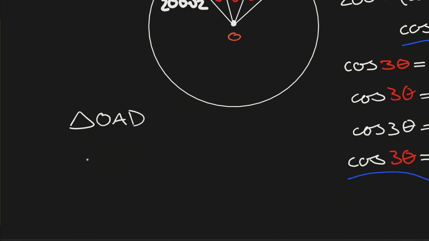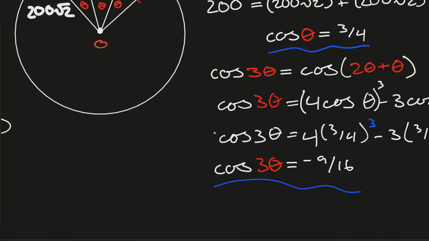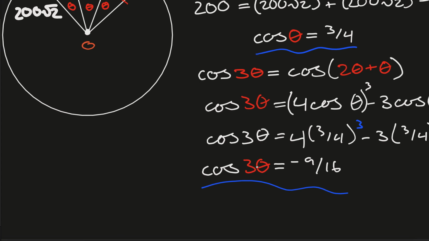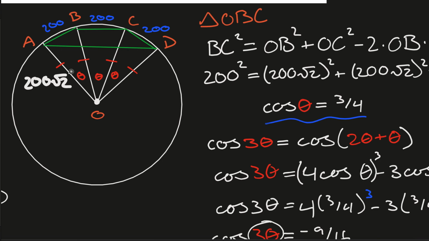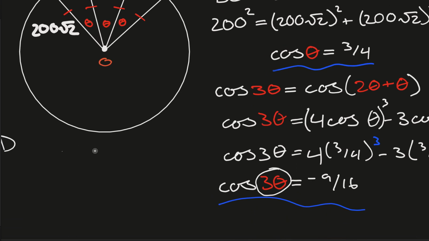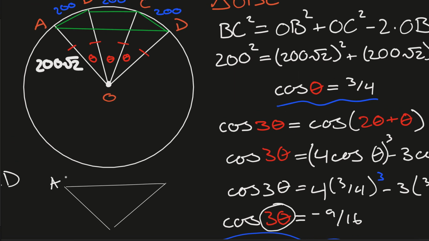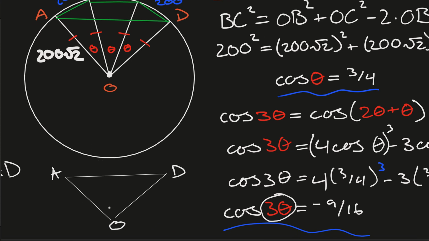So now we have all this information. By the way, the reason we found cosine 3 theta is because this 3 theta, that angle, represents this entire angle of that whole triangle. So let me redraw it. This triangle that we're trying to find, and then we have AD, and then O here. So this is 3 theta, and we want to find AD.